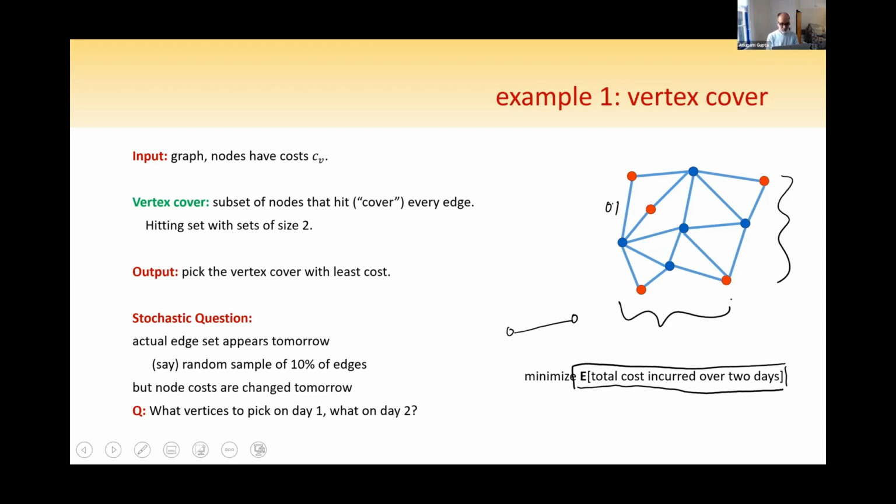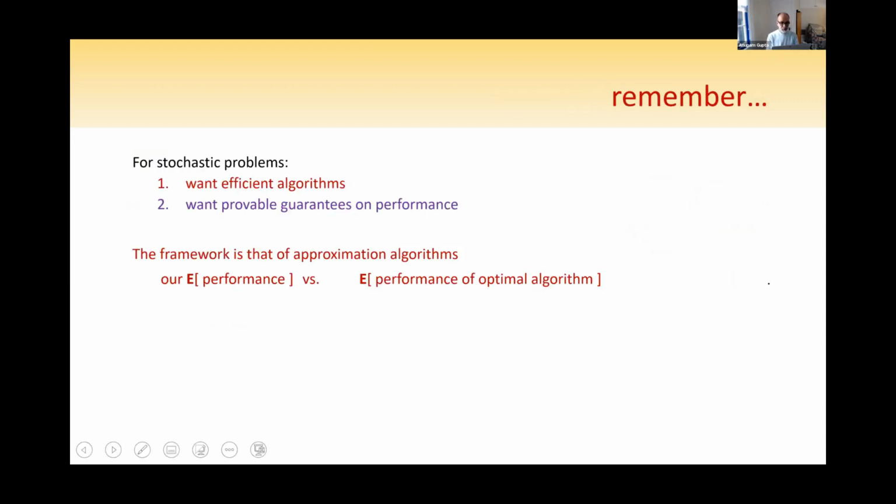Okay. So that's the problem that we want to solve. As always, as we talked about yesterday, we want efficient algorithms. For us, efficient means algorithms that run in polynomial time. We would like to give provable guarantees on the performance. So on every instance, it should do well. And our framework is that of approximation algorithms.